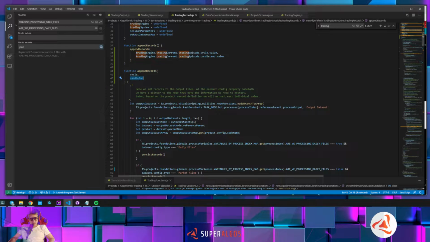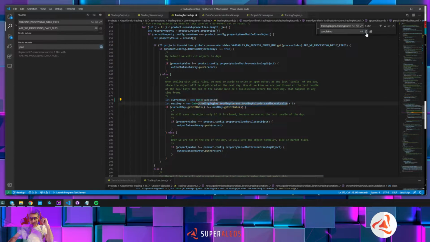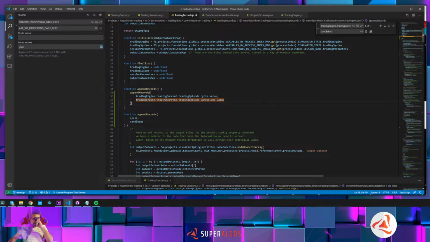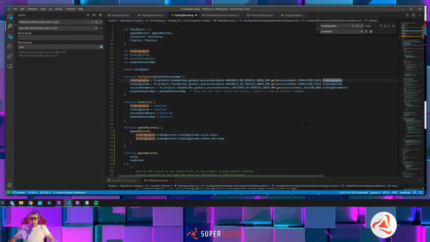But in the meantime, let's check this out. Candle end. Okay, so where else do we have trading engine here? No other place.